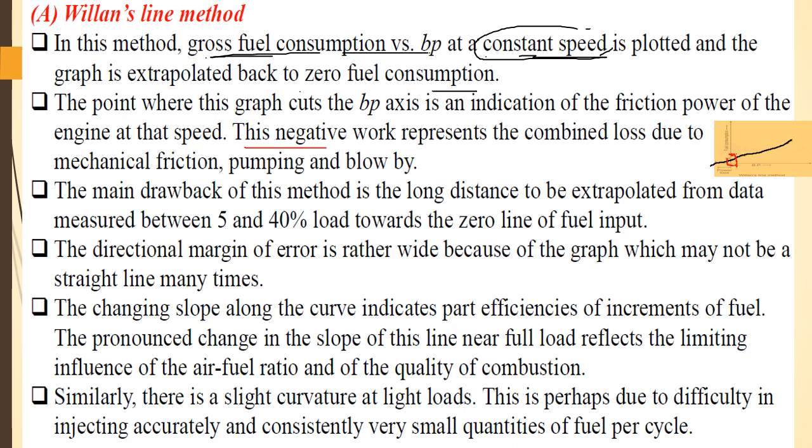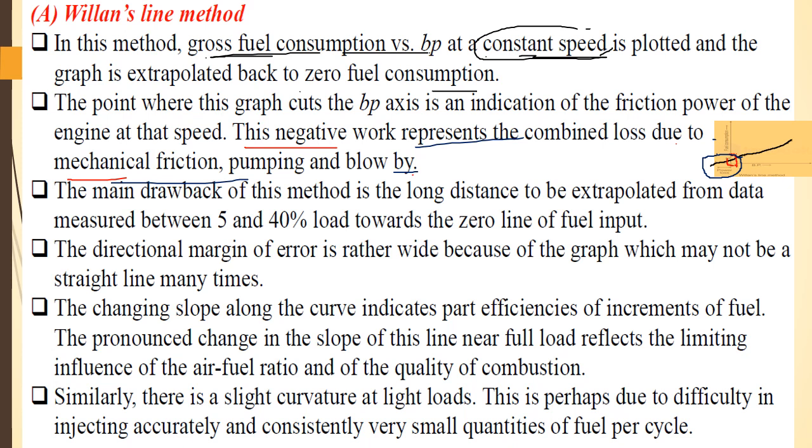The negative work represents the combined loss due to mechanical friction, pumping power and blow by. So this negative work which you can see here is available because of the combined loss of mechanical friction, pumping power and blow by.